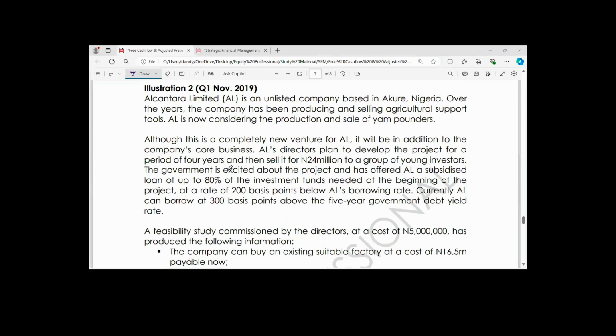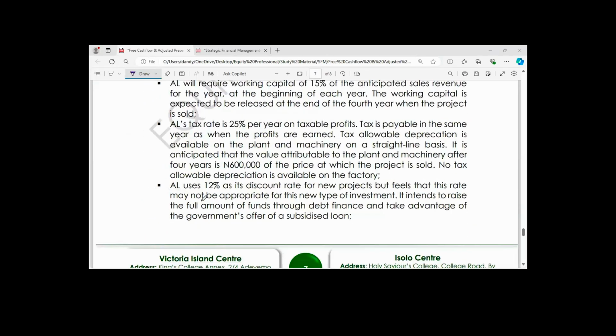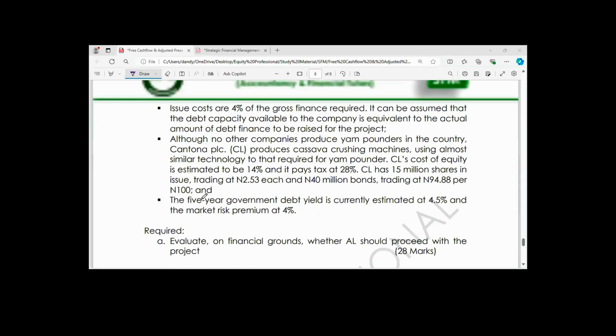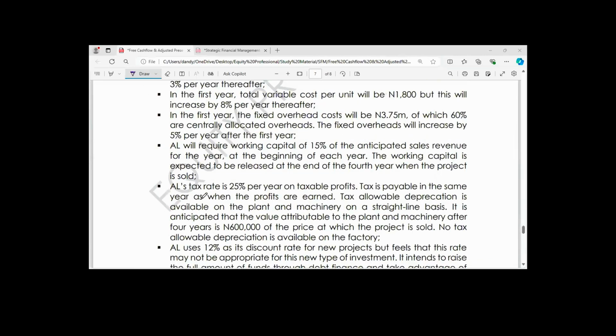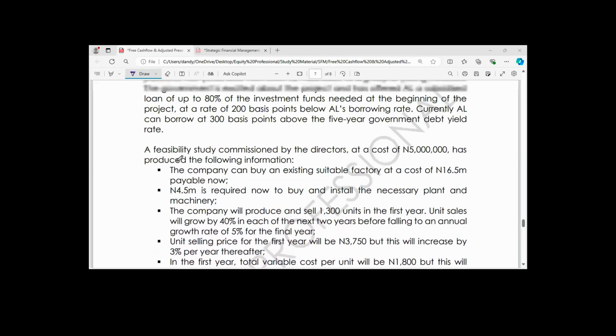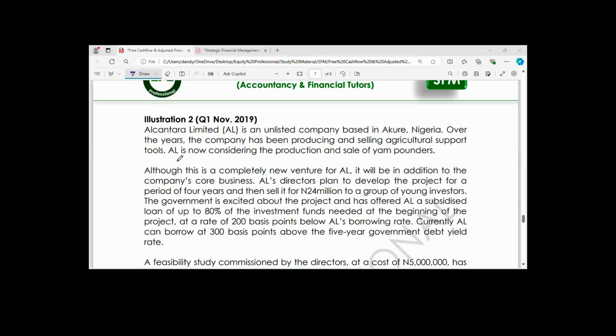All right, so I need somebody to read it for us. Somebody should please read. Who will help us? Yes.